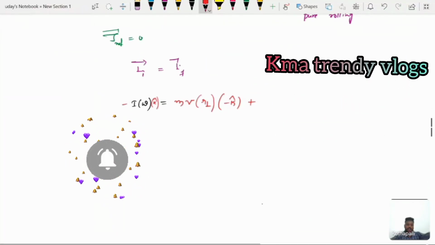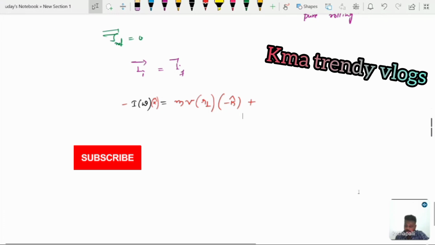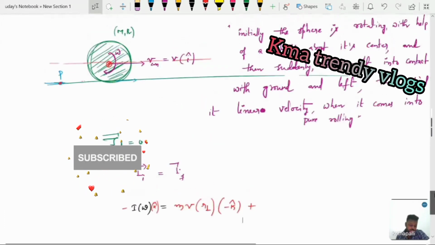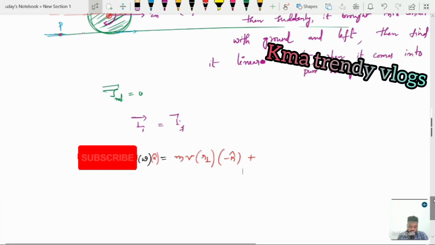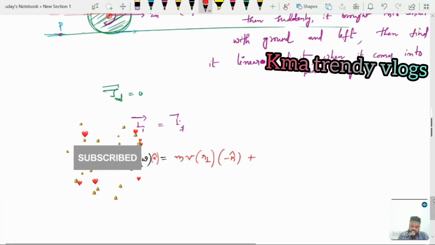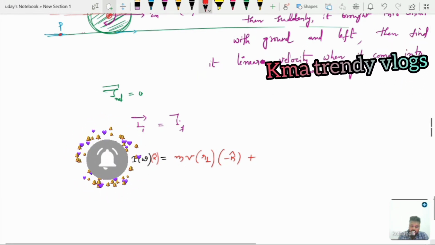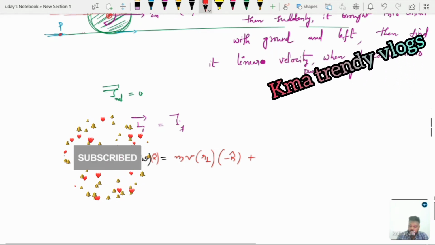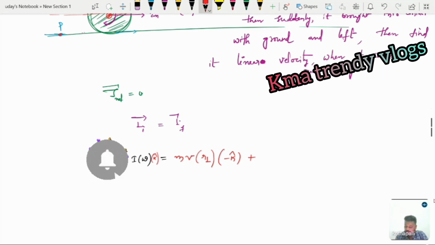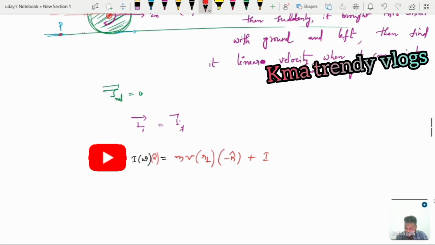M, v and r perpendicular, so it appears in the clockwise direction, so minus k cap. And about the center of mass of the body, or the axis of rotation of the body, the angular momentum will be I omega dash.